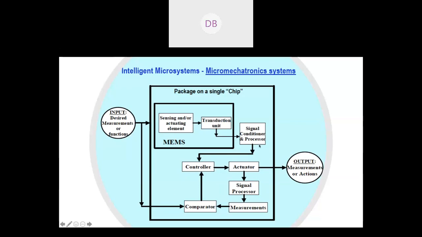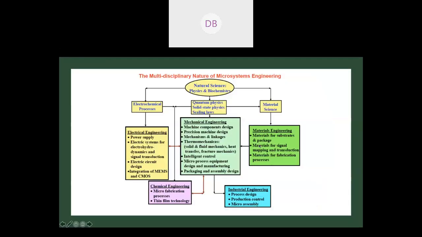Here you can see the multidiscipline nature, or the applications where you can find what an electrical engineer does, what a mechanical engineer can do, or what a material engineer can do. Electrical means all the electrical, electronics, communication, instrumentation people. And what a chemical or instrument engineer can do in the MEMS field.